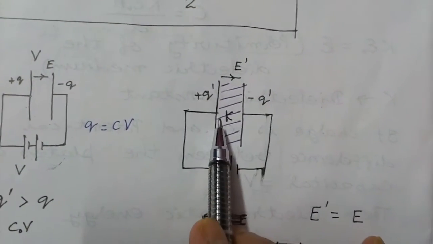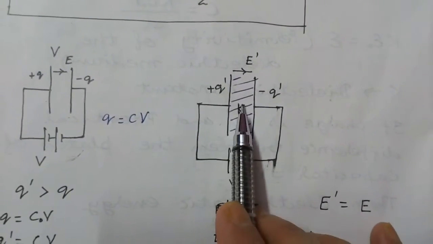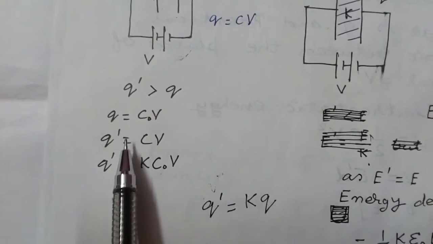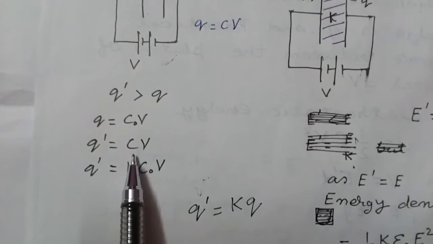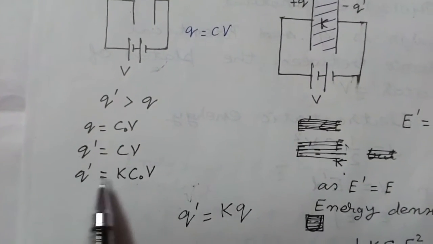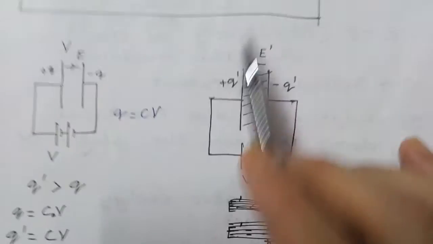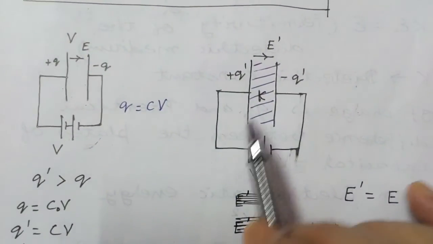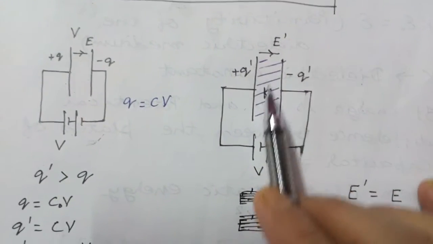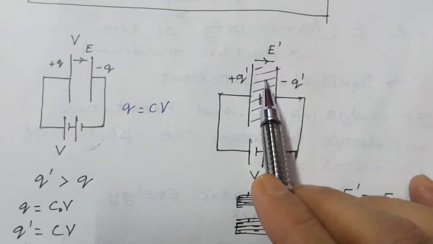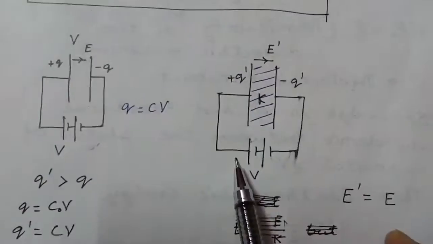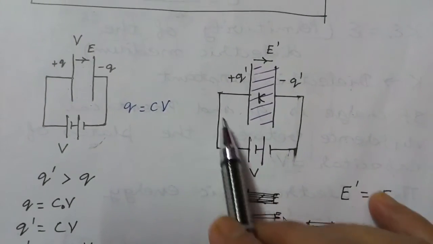V is not changing, but as capacity increases, Q dash is equal to C into V, so Q dash is equal to K epsilon naught into V, so Q dash will be equal to K times Q. So when the dielectric slab is inserted between the plates, since V is same, Q dash increases.